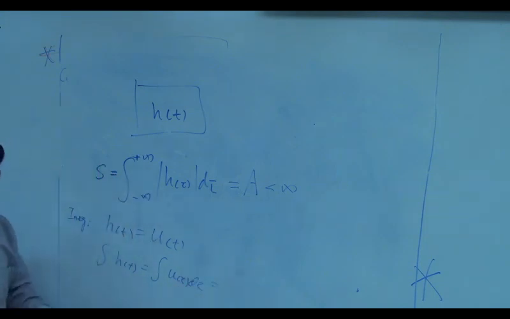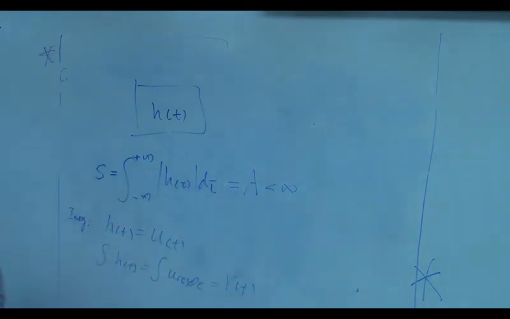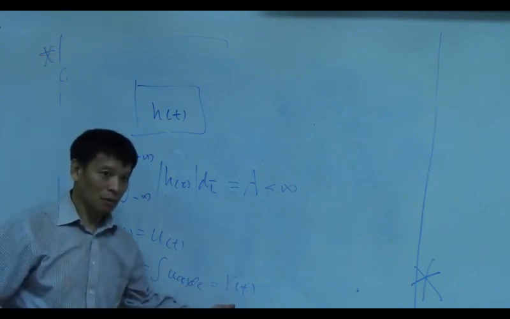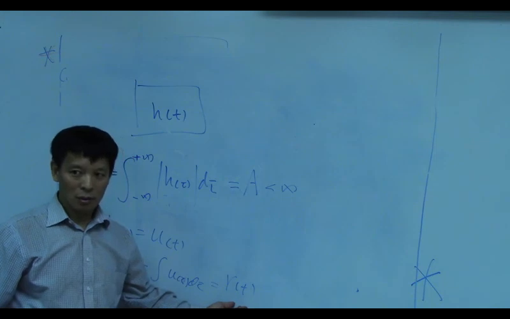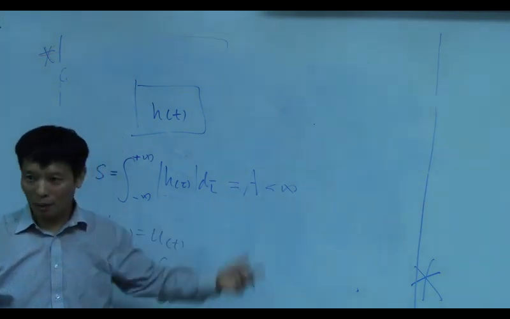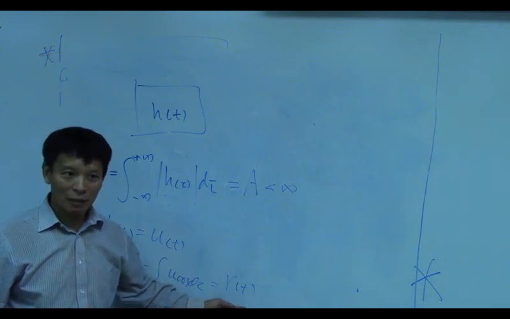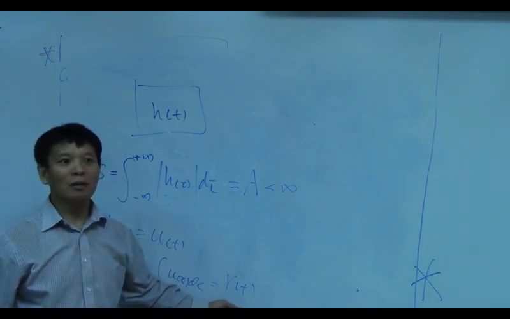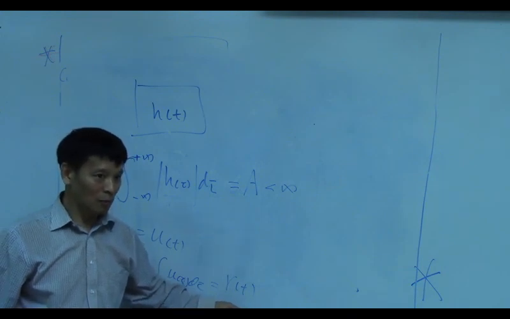The unit step. Equals the ramp, equals r(t). Is this one bounded? Is this one smaller than some number? Smaller than 1 million? Yeah. Oh. Are you sure? How about when t equals 1 million and 1? Is this one smaller than 1 billion? How about t equals 1 billion and 1? Eh? So this one is out of bound, unbounded.